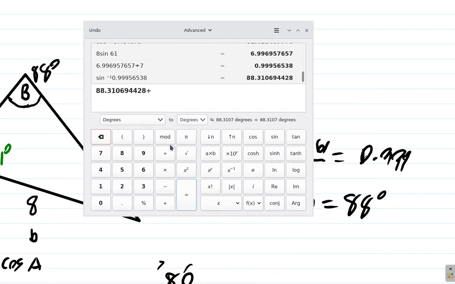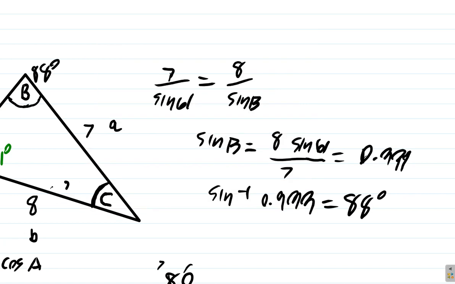So that plus 61 equals, and then 180 minus it is 30.69 degrees. So this would be 30.69. It's almost a 30-60-90 triangle. But that's it for now. I will see you in the next video.